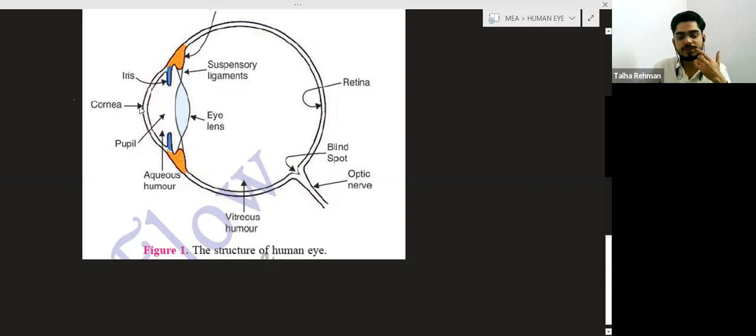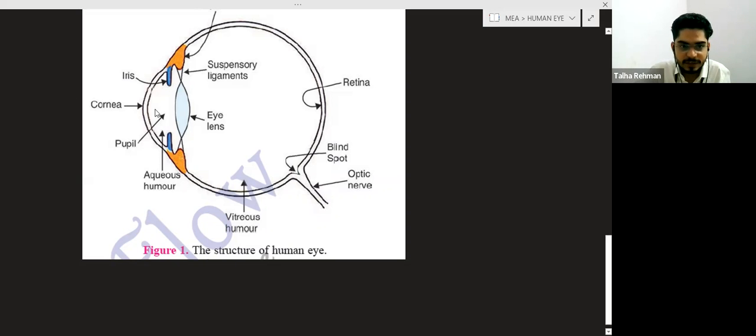So what happens? Some of the light is converged, or you can say refracted, because of this convex part. So this outer part behaves as a convex lens. So due to that, some of the light is refracted or converged.